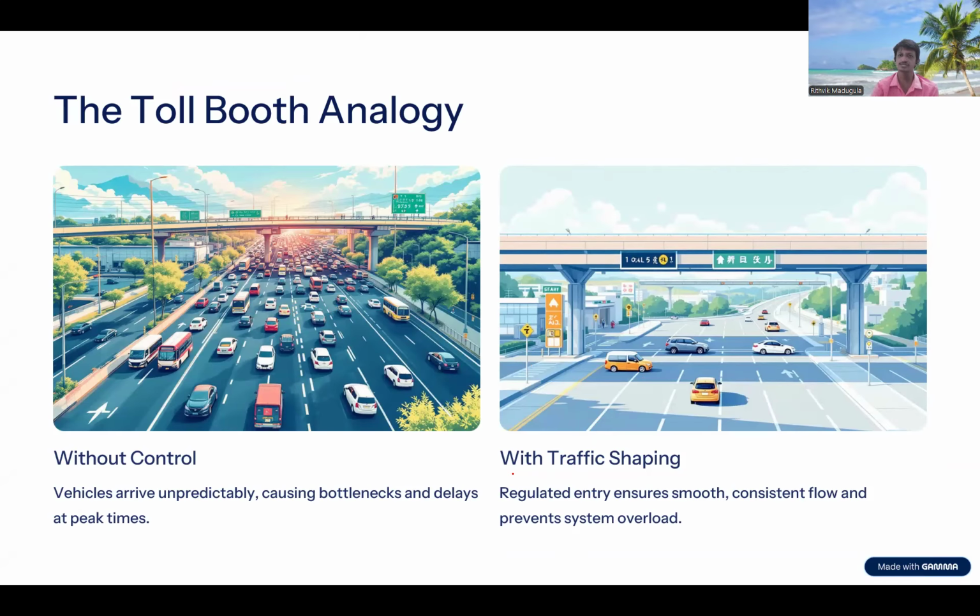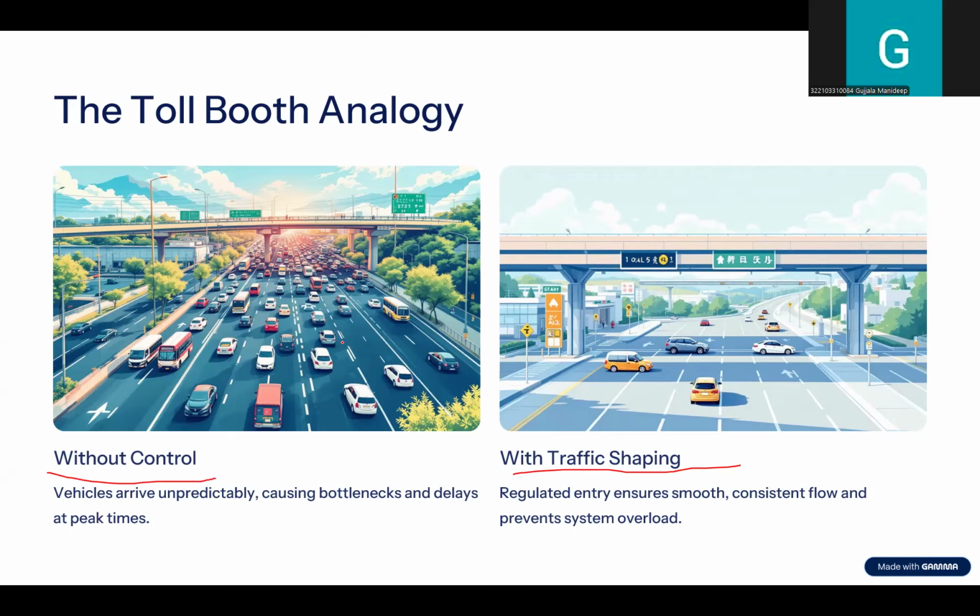Let us imagine the traffic shaping techniques in the toll booth. If you observe, there is some sort of disturbance in the toll booth because there are some issues that might occur when going ahead with the tickets.